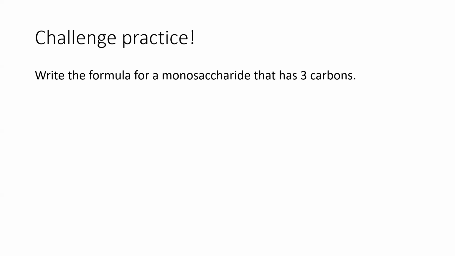Or if you want a hint, we could do that instead. Yes, this is exactly that. Is this what you all got? Did you get how we get this? We have our ratio, 1 carbon to 2 hydrogen to 1 oxygen. And then I said, okay, you have 3 carbons, so we just have to scale that ratio accordingly. Does that make sense? Hopefully.